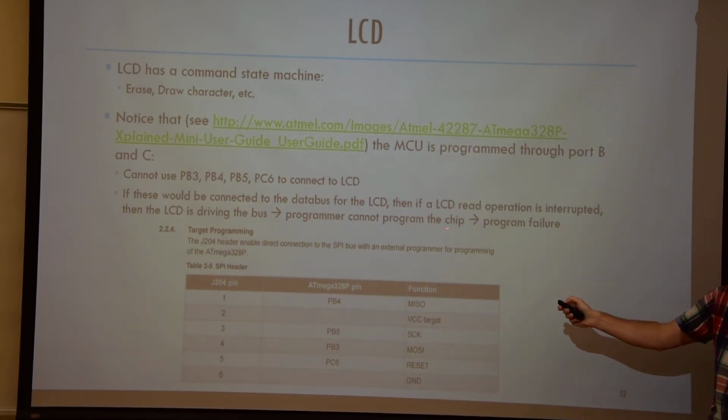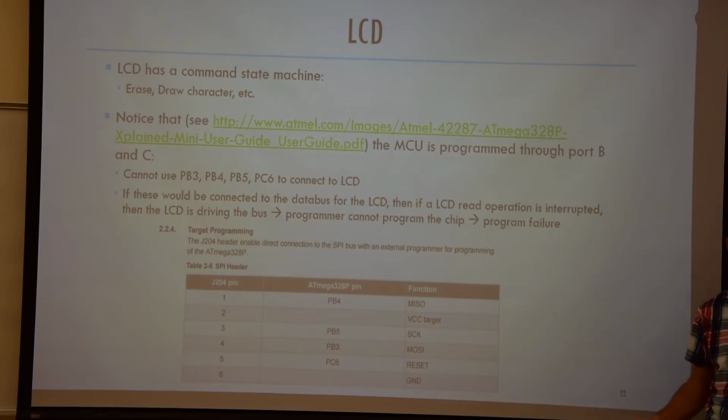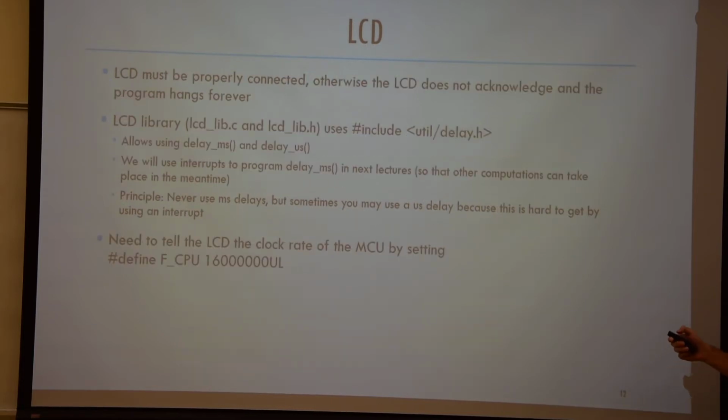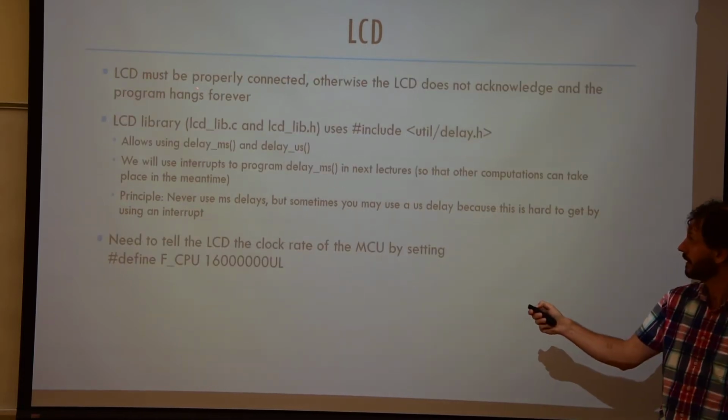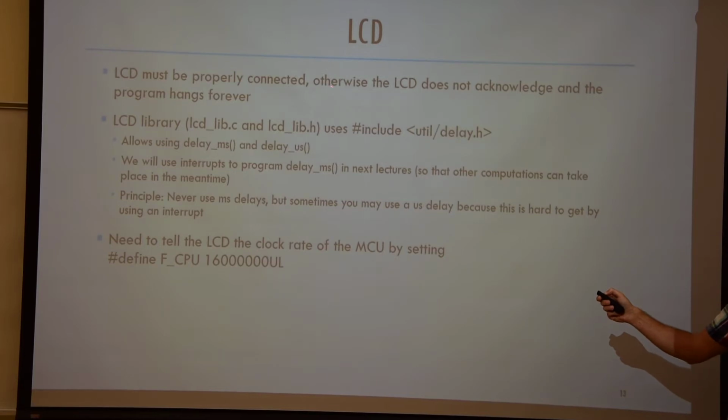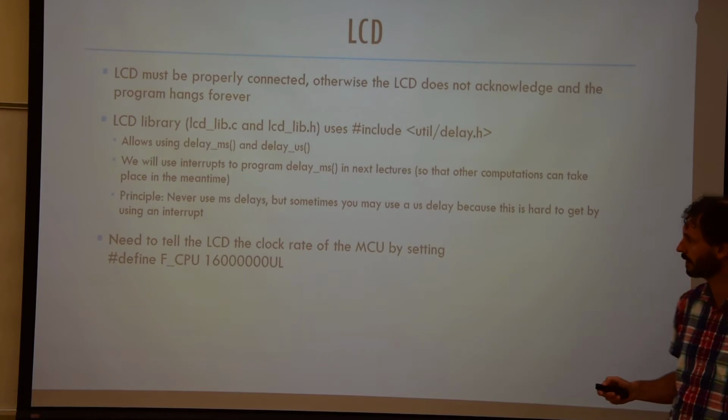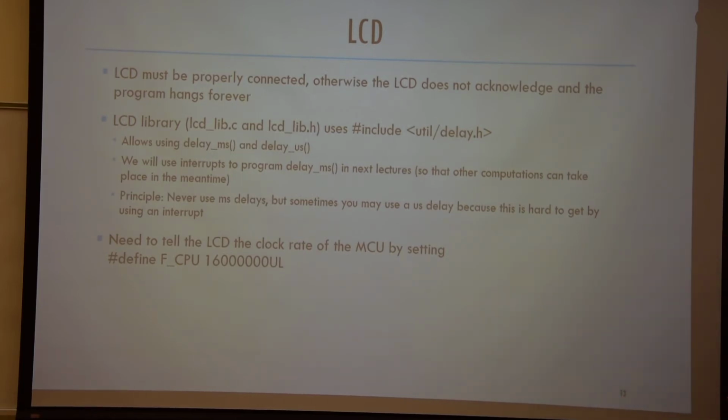That means that the programmer chip that you have on your board cannot program the chip. You get a program failure, and even worse, the LCD must really be properly connected, otherwise the LCD does not acknowledge, and the program will hang forever if you had used those pins. Those are scary pins, so make sure you use them wisely.